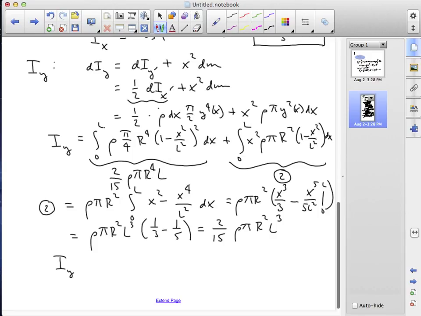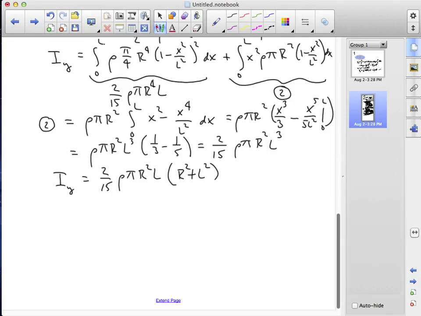Our expression for Iy then, because we have a common 2/15, we could write it this way. We have some common terms here, times the quantity r squared plus L squared. And then once again, we'll collect terms that can be clearly identified as the mass.